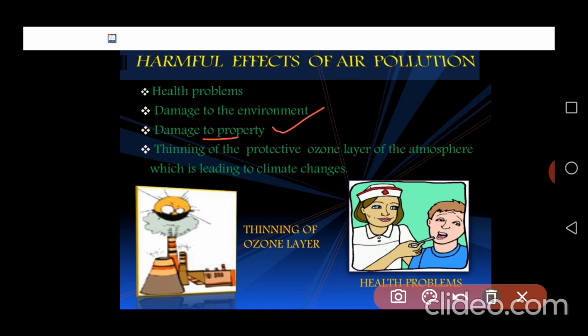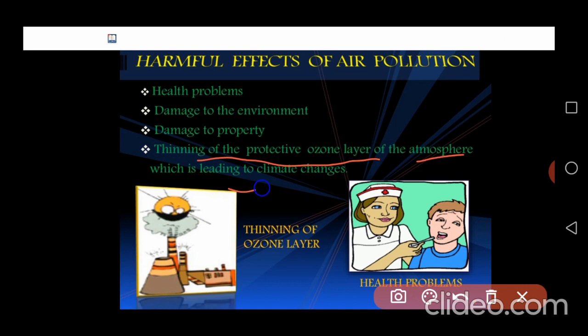Similarly, one more point is the thinning of the protective ozone layer of the atmosphere, which is leading to climatic changes. Already told you, depletion of the ozone layer takes place because of air pollution only. How that depletion of ozone takes place, I will tell you later. What is the ozone layer?